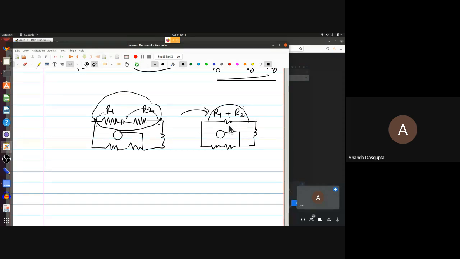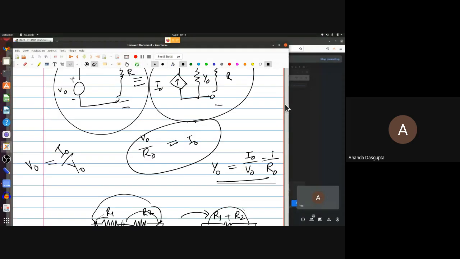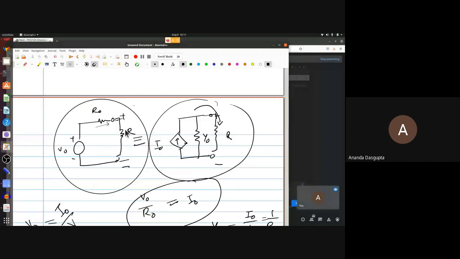When you say things stay the same, you are right, but the important thing is things elsewhere stay the same, elsewhere in the circuit. That's what equivalent circuit means. So when you say you're replacing a voltage source by an equivalent current source, for example, you're not saying that this thing is the same as this thing. It can't be.